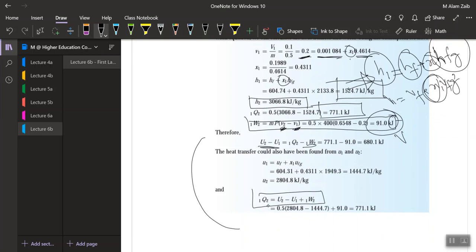The internal energy you can find from the tables, just use the book table. And the work done we have already found over here. Put them in and you can see that the heat transfer from this equation and from that equation are both the same.